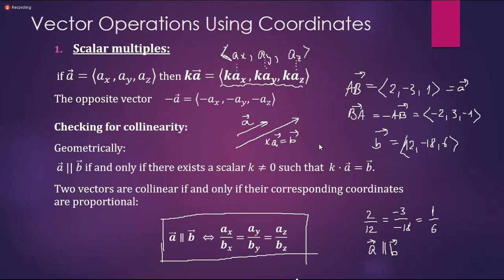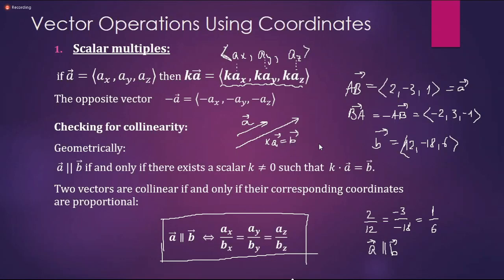And even if you have an opportunity, let's say a software like GeoGebra or any other software that allows you to rotate the image 3-dimensionally, it's rather difficult to see whether the two vectors are collinear or not. So if you use coordinates, you will know for sure, precisely and accurately.